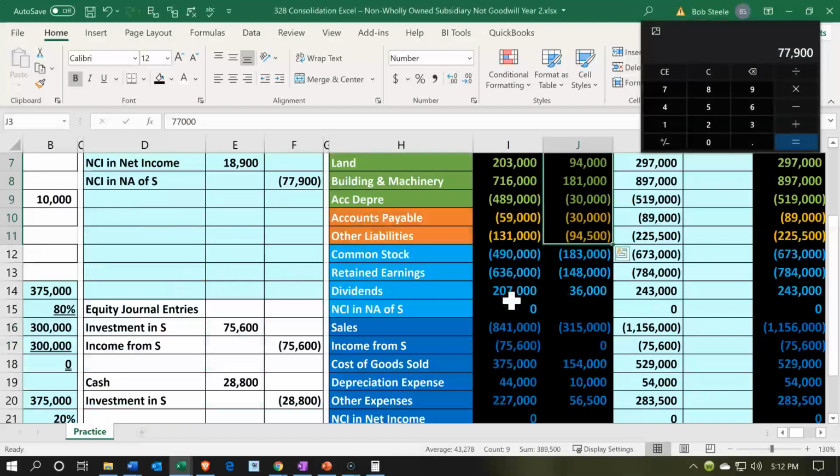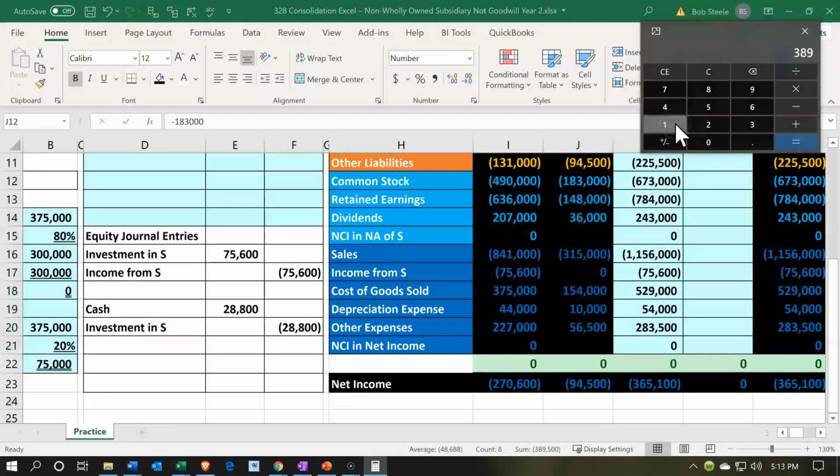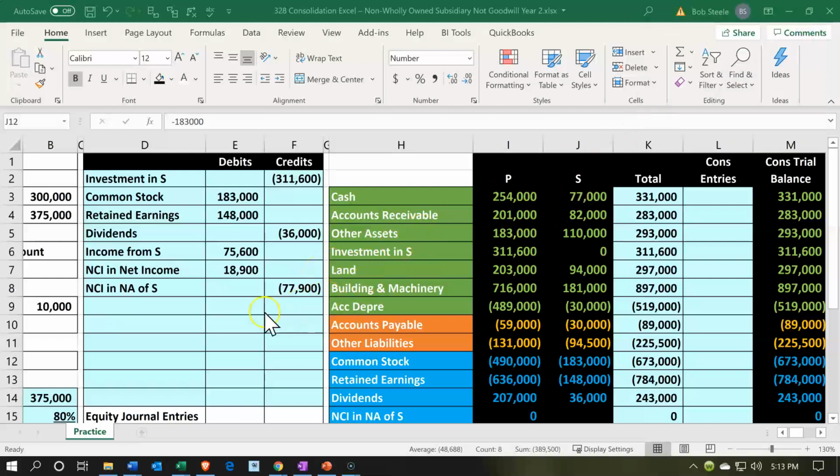Or in other words, if we took all equity, meaning all the blue accounts, including the income statement, that's the same 389.5. So if we took the equity, the 389.5 times the 0.2, once again, the 77.9, same calculation there. Just two ways to get to the equity section. So there we have that. There's our main journal entry.